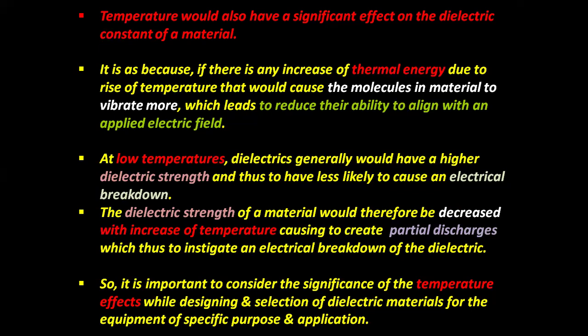The dielectric strength of a material therefore decreases with an increase in temperature, causing partial discharges, which instigate an electrical breakdown of the dielectric. So, it is important to consider the significance of temperature effects while designing and selecting dielectric materials.